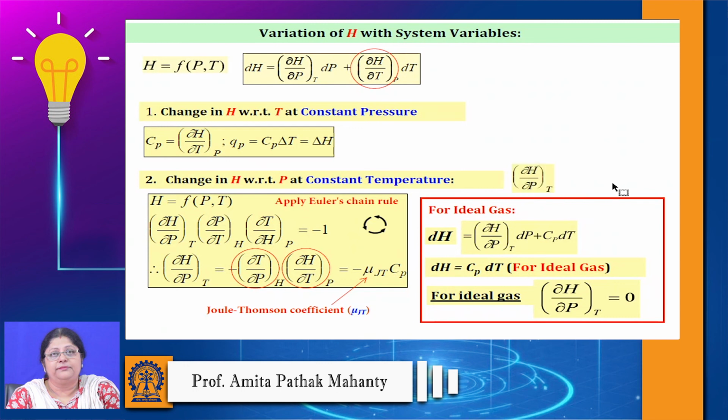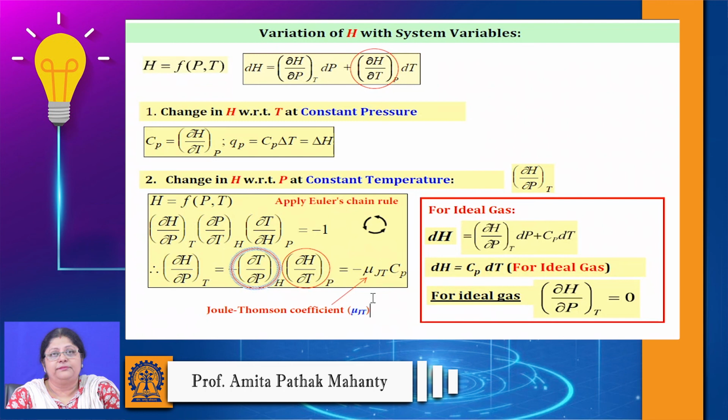The isothermal Joule-Thomson coefficient states that the change in enthalpy with pressure at a given temperature can be found out in a manner that if you use the cyclic rule again, since H is a function of P and T and each of them are themselves functions, so how the enthalpy is changing with pressure at constant temperature, and how pressure is changing with temperature at constant enthalpy, and how the temperature is changing with enthalpy at constant pressure.